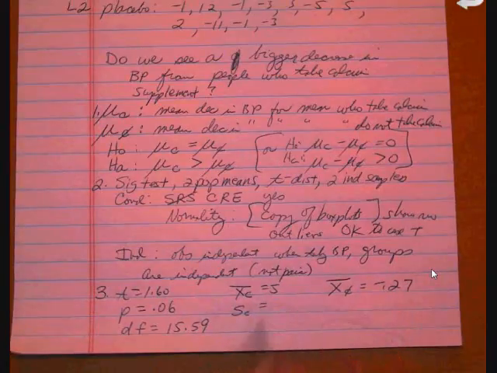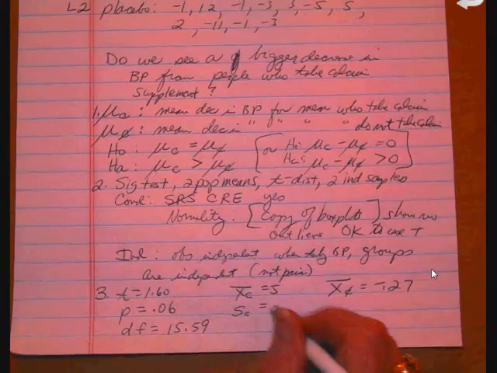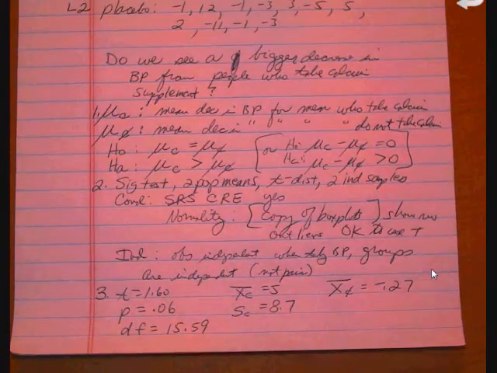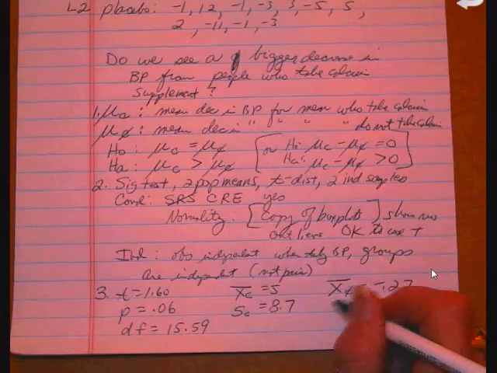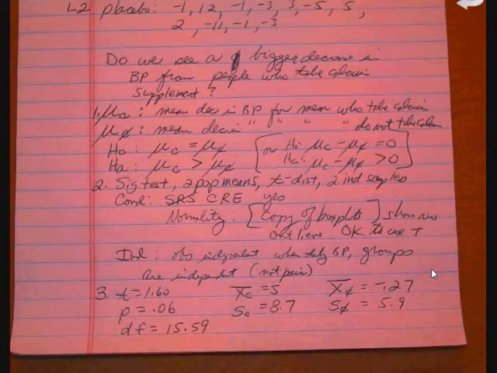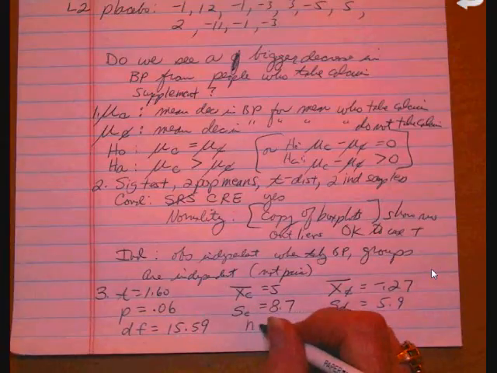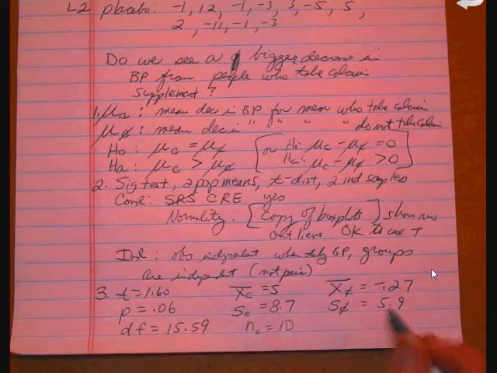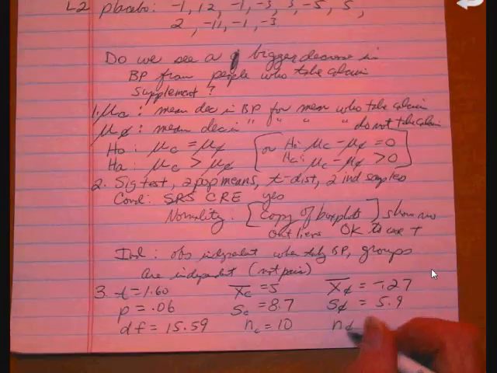Sample standard deviation for the calcium group is 8.7, and for the no calcium group is 5.9. And sample size is 10 and 11.